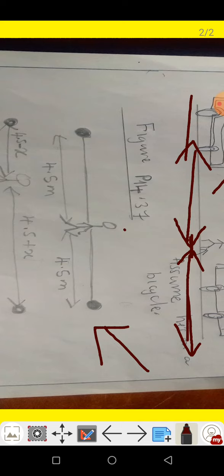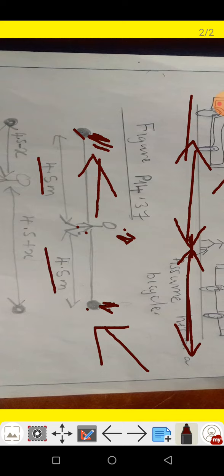This is the bicyclist, and we assume this is where the vehicles are. The bicyclist needs to move this side. If the distance between here and here is 4.5, then also here and here is 4.5.